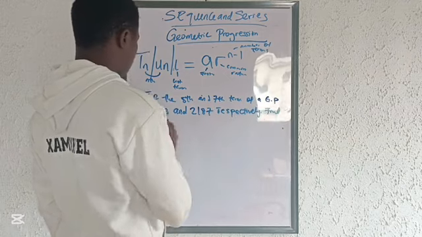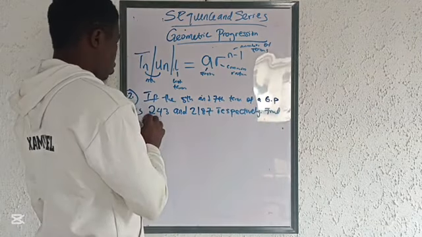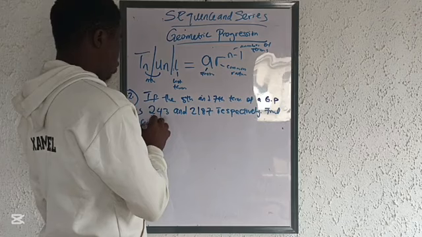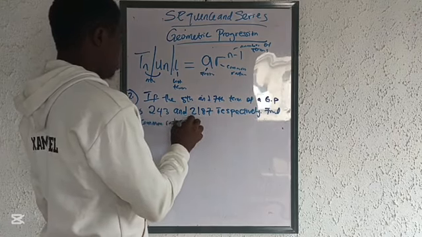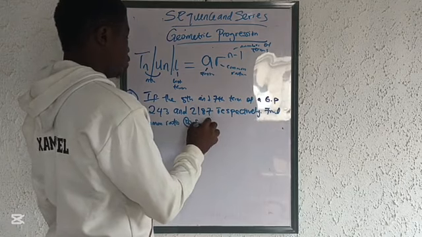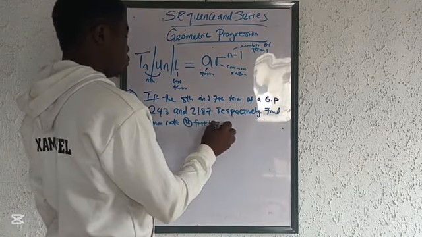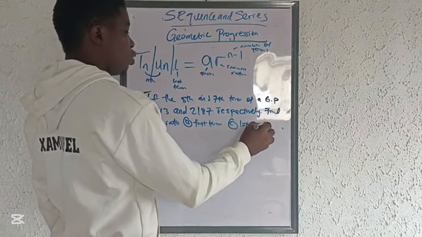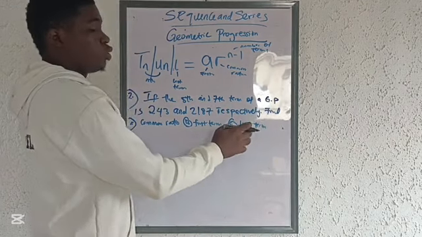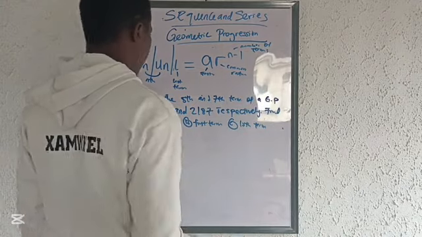Find a, the common ratio, b, the first term, c, the tenth term. So you find this one also yourself, but let me explain.